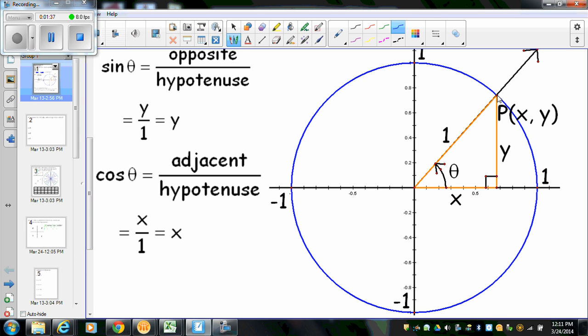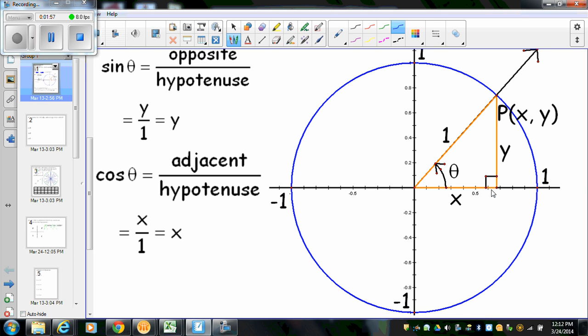Any point on that unit circle, point P right here, can be represented with the coordinates (x, y). If we draw in the x and the y coordinates and the distance to point P, that forms a right triangle. This is kind of like what we were doing in section 17-2.